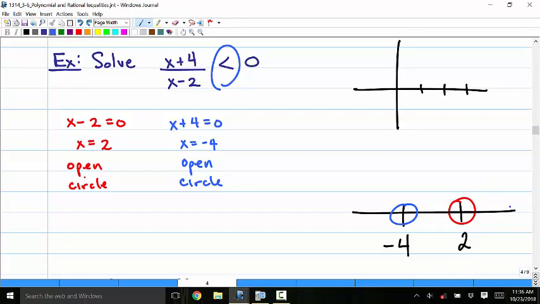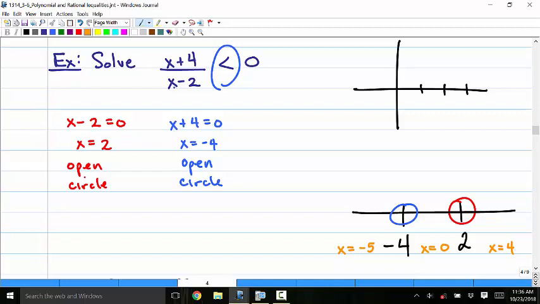Okay, I have a number line with 3 intervals. Pick some values. Negative 5. I'm going to go with 0 because it's easier for me. And x equals 4, something bigger than 2. 3, 4, 200, 2.1.